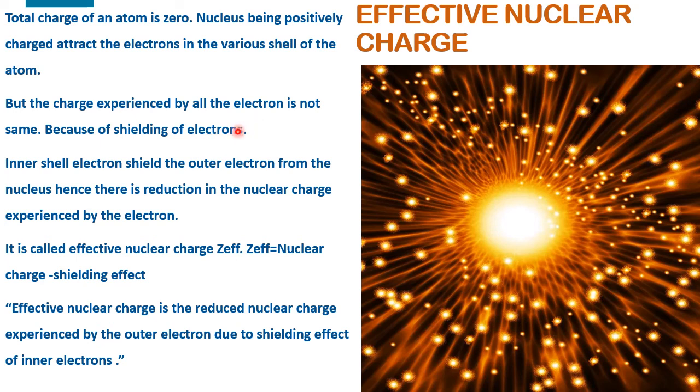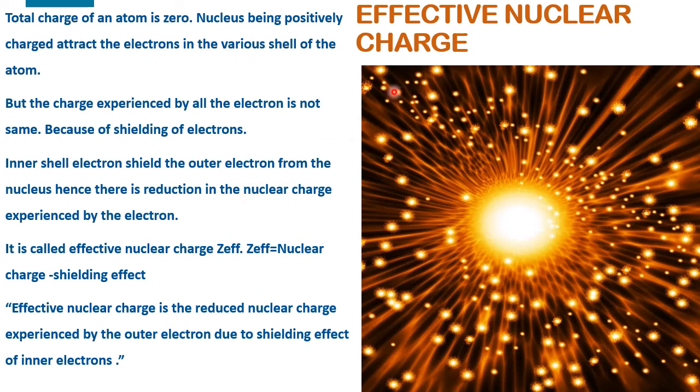So the nucleus will not have that much control on the outer electrons. There is a reduction in the nuclear charge on the outer electrons due to the inner electrons. Inner electrons act as a sweater or cover or protection, they are shielding. That is known as the shielding effect. Because of the shielding effect of inner electrons over the outer electrons, the nucleus will not control the outer electrons that much. This is called effective nuclear charge.